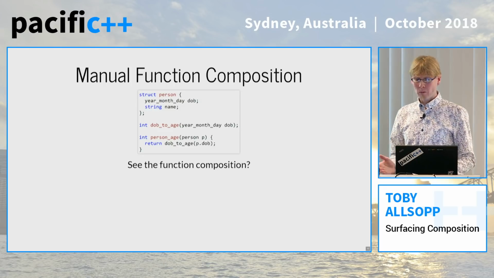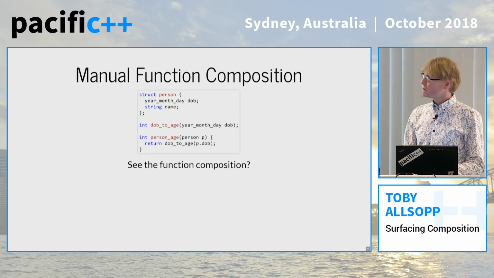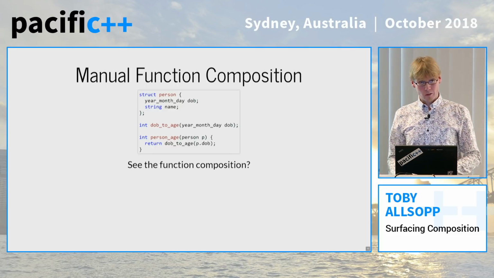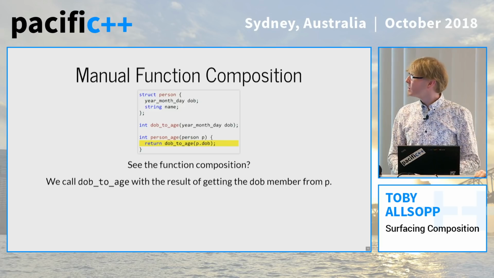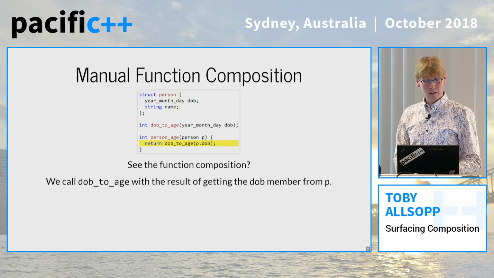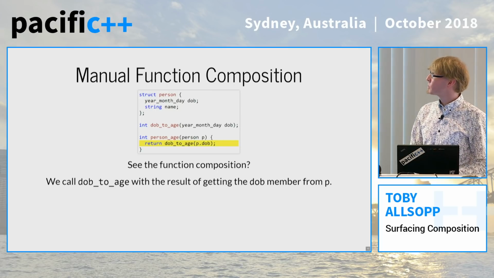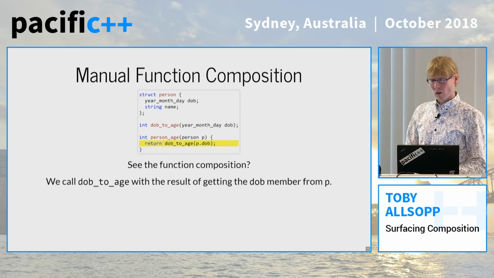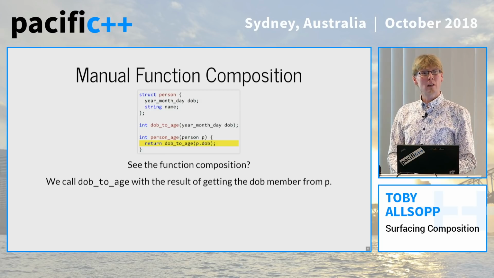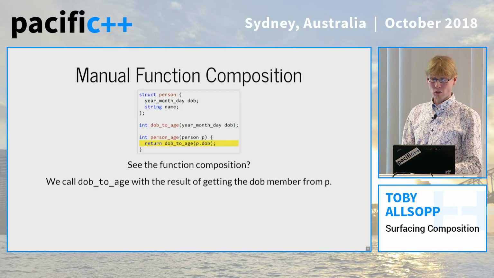So, can we see where there is a function composition? I won't make you answer because I've got the answer. Basically here we're calling date of birth to age, and we're passing it the result of getting the person's date of birth. So given our quite general definition of functions, there are two function calls there.